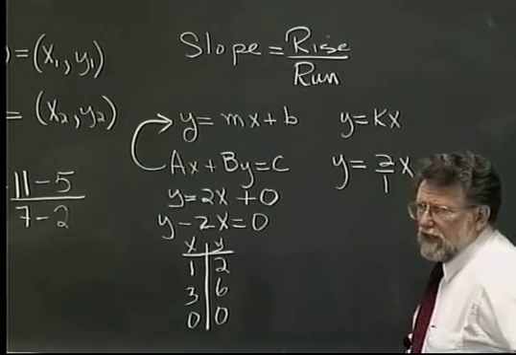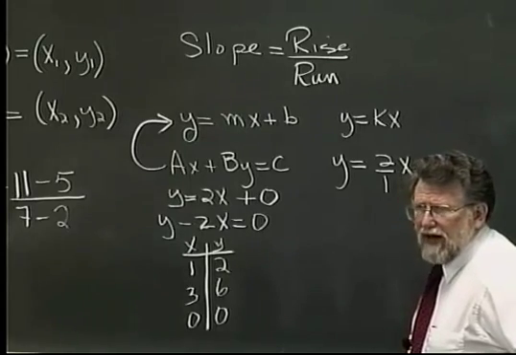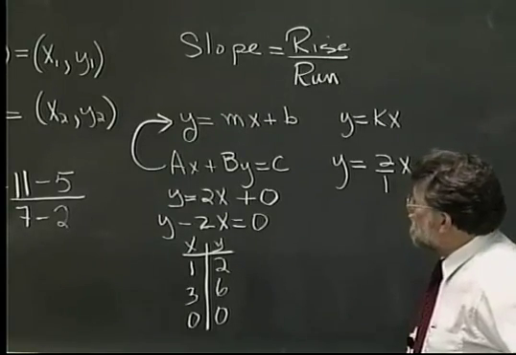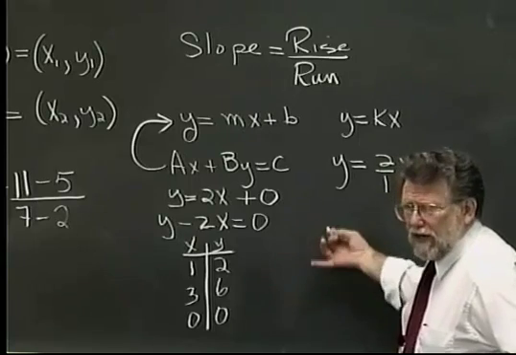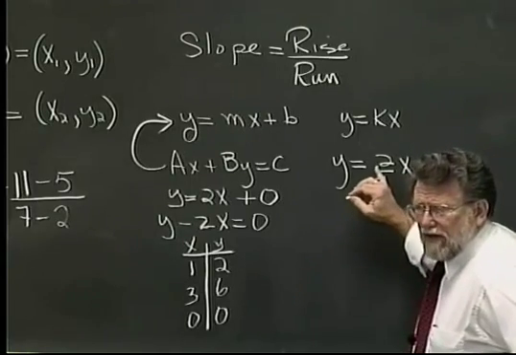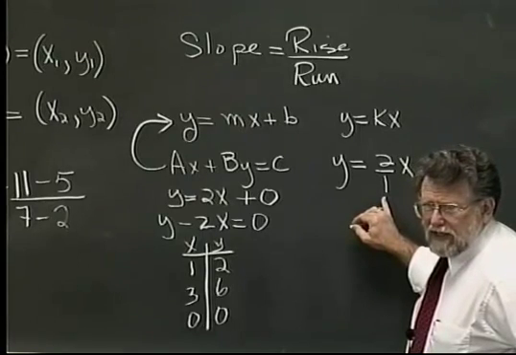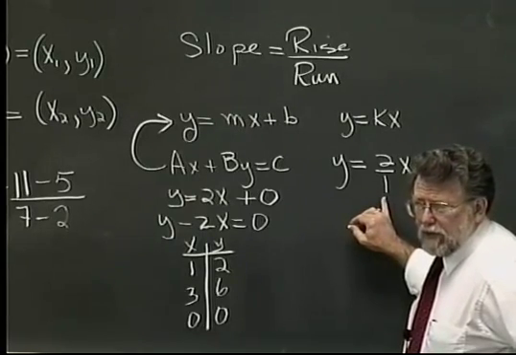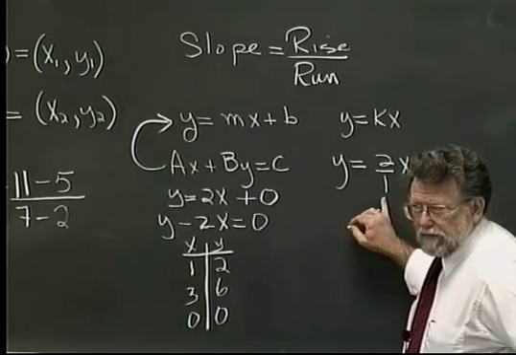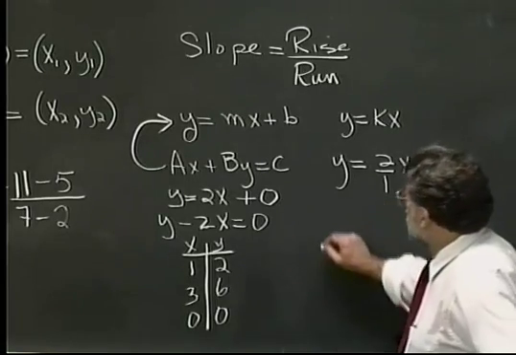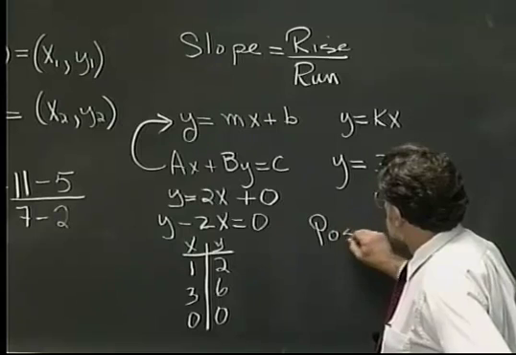Now, one of the things that comes out of this is the fact that you can now start plotting points. And even though we haven't technically worked with this area, if you have a rise of 2 for a run of 1, that means this line is going up to the right. We talk about positive slope.